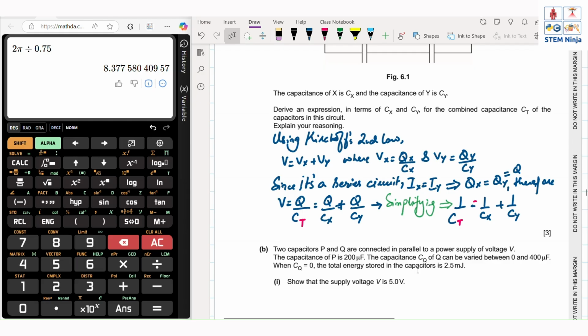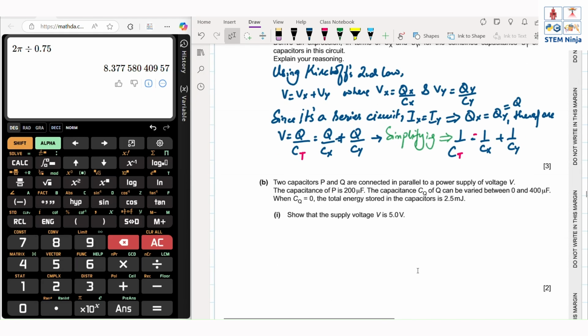All right, two capacitors P and Q are connected in parallel to a power supply voltage. The capacitance of P is 200 microfarad. Capacitance CQ of Q can be varied between 0 to 400 microfarad. When CQ is equal to 0, total energy stored in the capacitors is 2.5 millijoule.